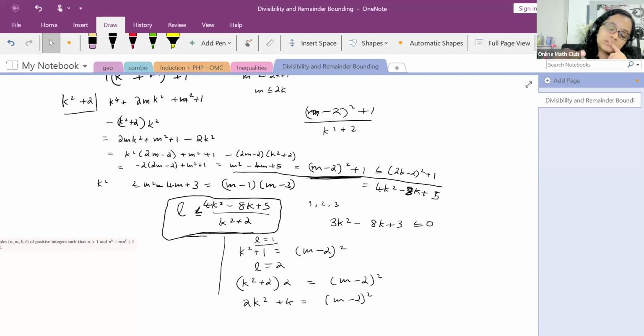If k square is 1 mod 3, then this becomes 2 mod 3. And this whole thing becomes 0 mod 3.